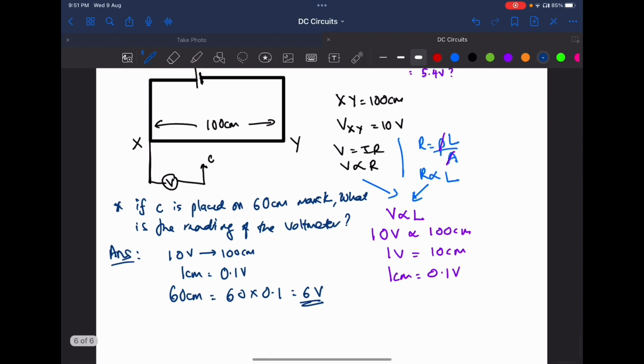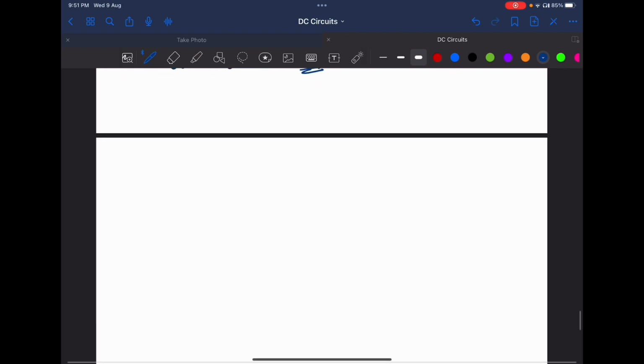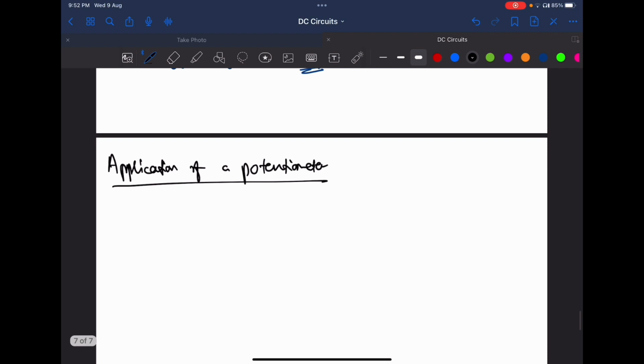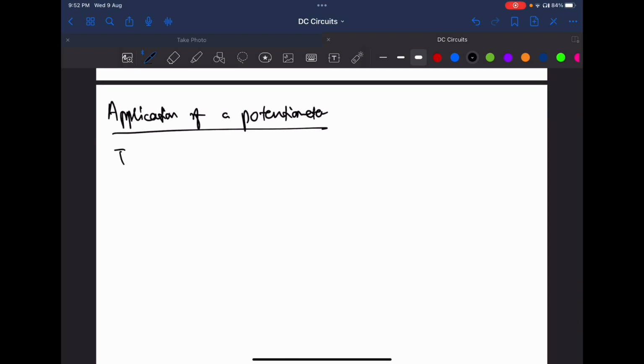Okay. So what is the application of a potentiometer? One of the applications is to find the EMF of an unknown cell.